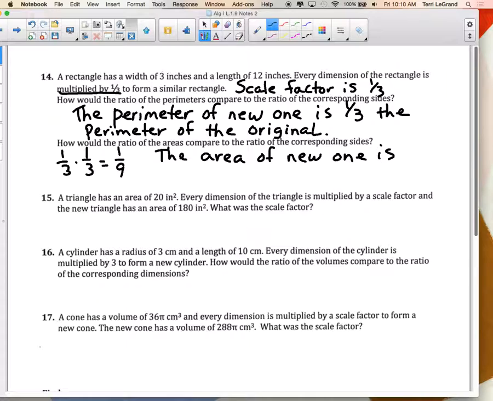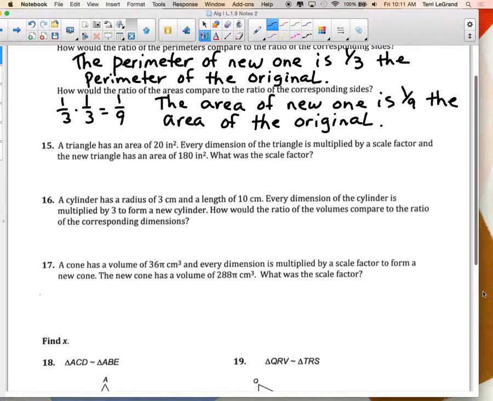You could say 9 times smaller, or you could say it is 1/9 the area of the original, the bigger rectangle that we started with. Okay, questions at all on either of those?